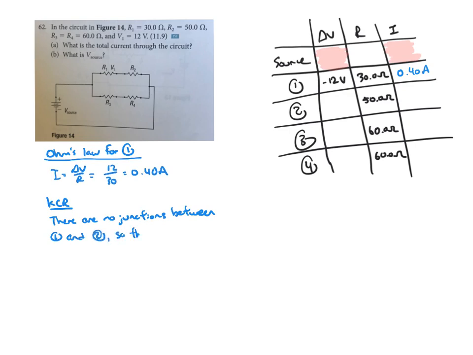So they have the same current. So that means I2 is also 0.40 amps.